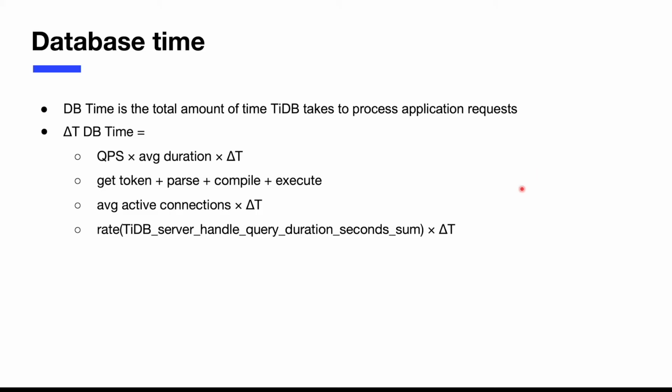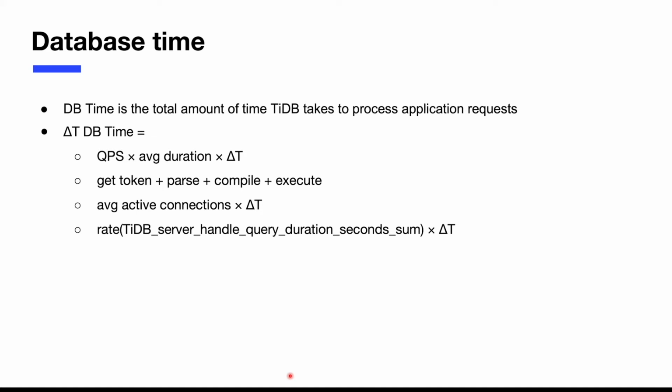What is database time? What's the meaning of it? Database time is the total amount of time TiDB takes to process application requests. It can be calculated in several ways. For example, you can use QPS times the average query duration to calculate the DB time, or you can use the sum of the time spent on different SQL phases to get the DB time.